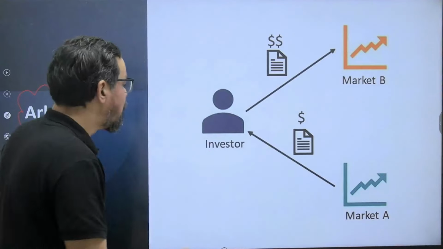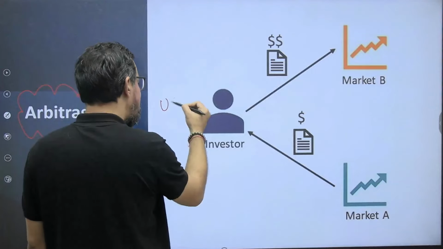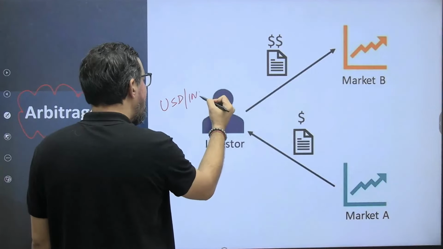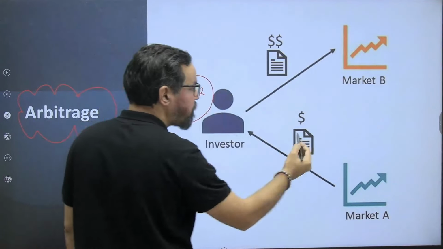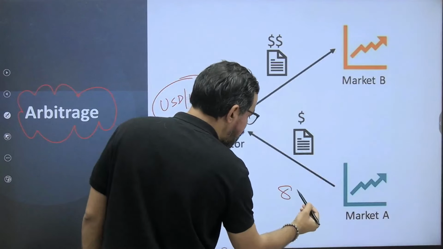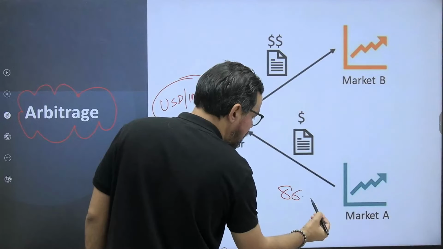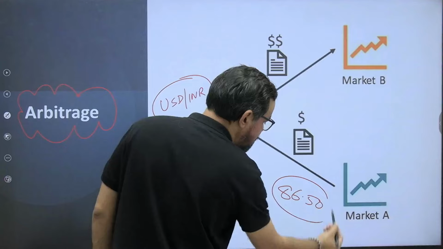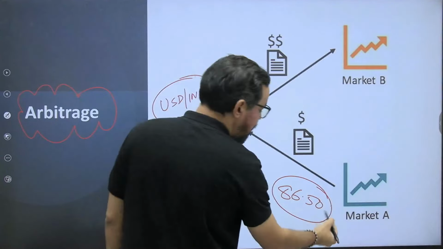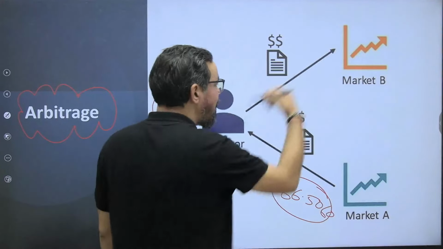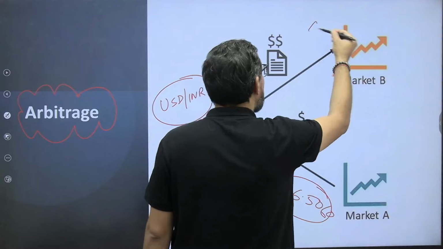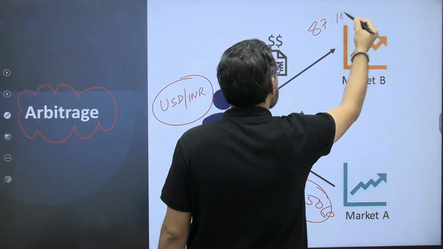Let's say there is a security. Let's take an example of USD INR. Suppose in market A, the buy rate is 86.5060. In market B, it is trading at, suppose, 87.1020.